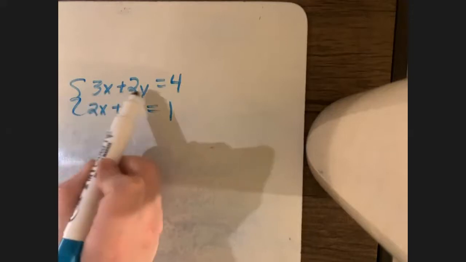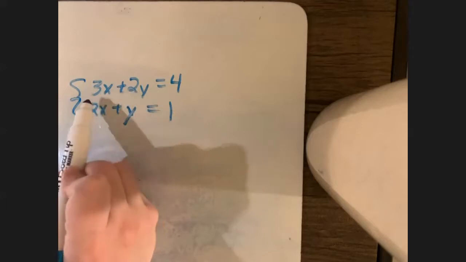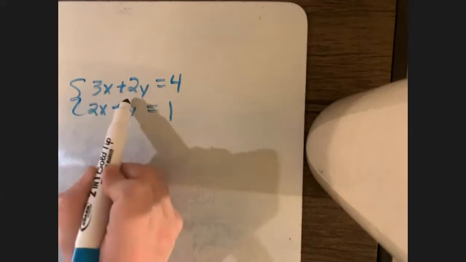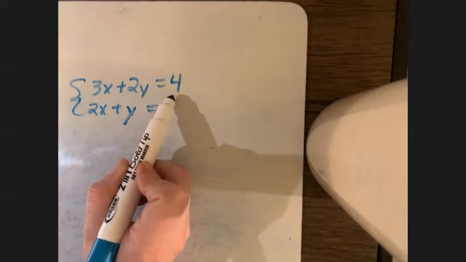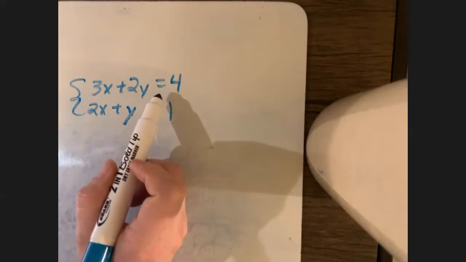If I try to solve for either one of these letters, I'm going to have to divide by a number. And besides the 2 and the 4, none of this divides pretty, okay? So I would probably have some lovely fractions that I would then have to deal with, okay?